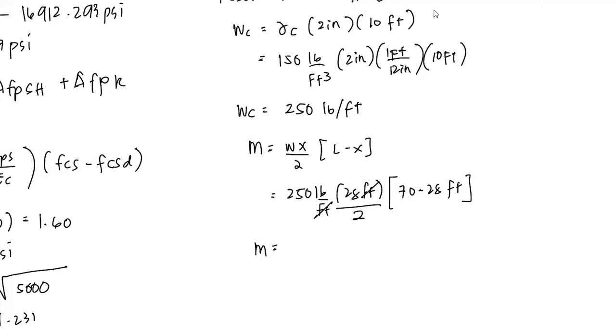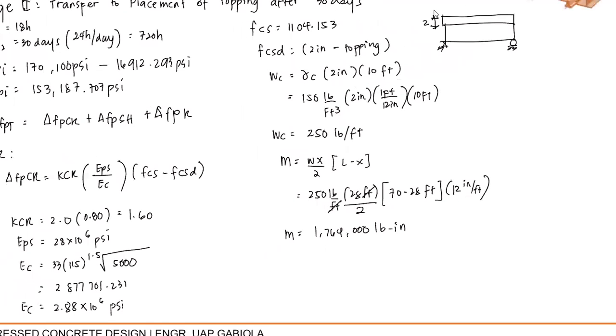Kailangan convert natin to inch, so times natin ng 12 inch per foot. Okay? Para yung answer natin sa moment ay in terms ni pound inch. So times 12, we have 1,764,000 pound inch as our moment.